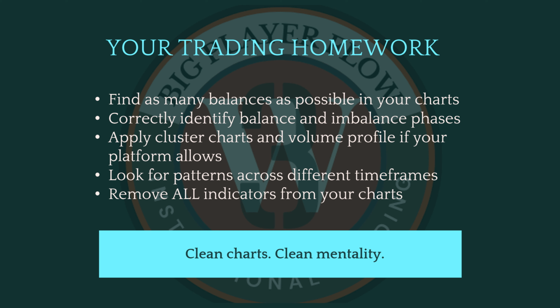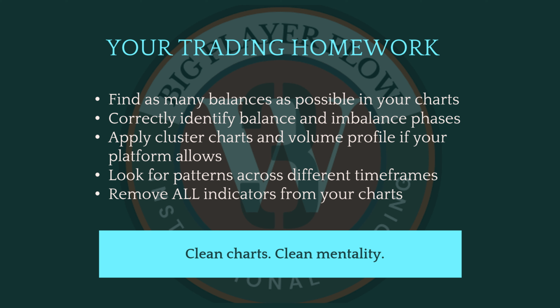If your platform allows to do so, apply the cluster charts and the volume profile. Try to find patterns in the price movement. Use different time frames. Look for balances on weekly, daily, 1 hour and 15-minute time frame charts. Overall, I want you to start feeling the market like an auction, not just a set of candles and moving averages.